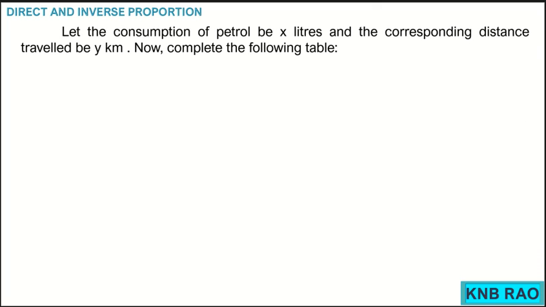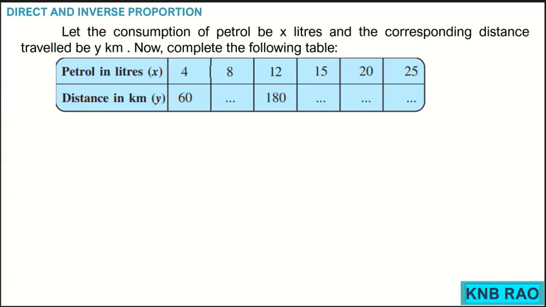Let the consumption of petrol be x liters and the corresponding distance travelled be y kilometers. Now, complete the following table. Here petrol in liters is considered as the variable x, and the distance travelled with that x liters of petrol is considered as the variable y.